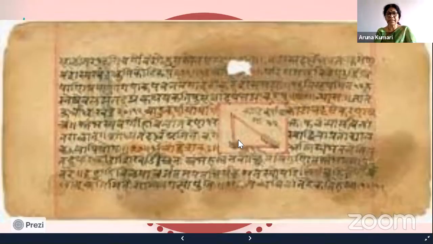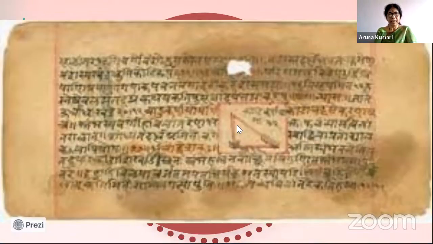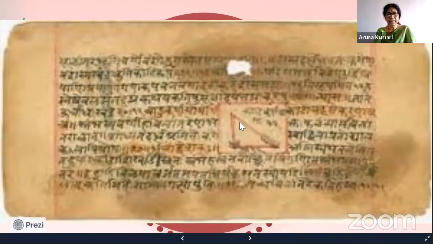A triangle has 3 angles. If one of the 3 angles is 90 degrees, then the triangle is said to be a right angle triangle. In a right angle triangle, there are 3 sides.